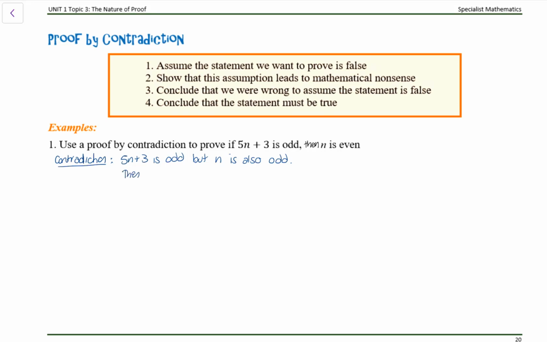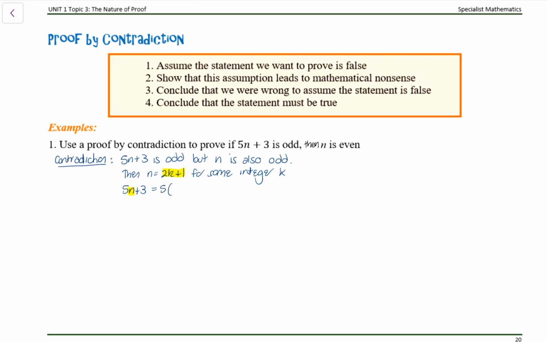So then n has to equal 2k plus 1 for some integer k. So you should be seeing that that's common now. So now what's 5n plus 3? We're going to plug in this 2k plus 1 for our n.